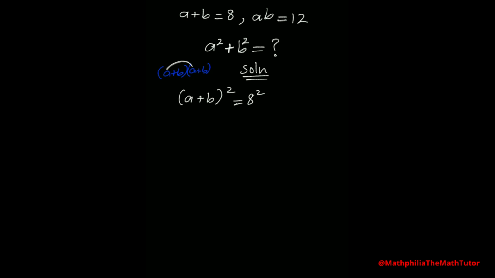Yes, that is the same. But for the sake of this video, I will use the shorter method, that is a squared plus 2ab plus b squared. But you can go ahead and use the traditional expansion. You will still get the same answer.